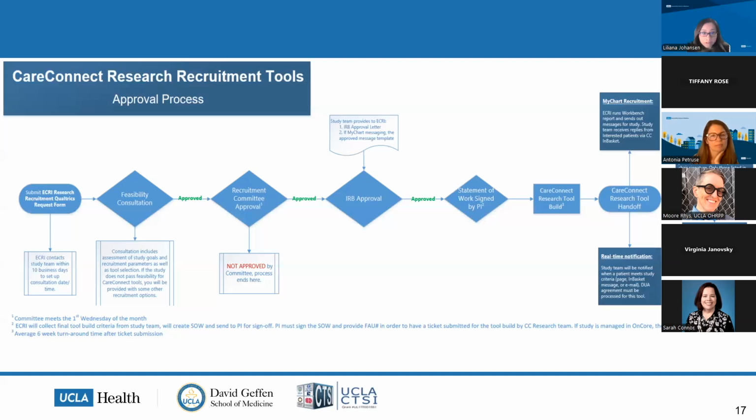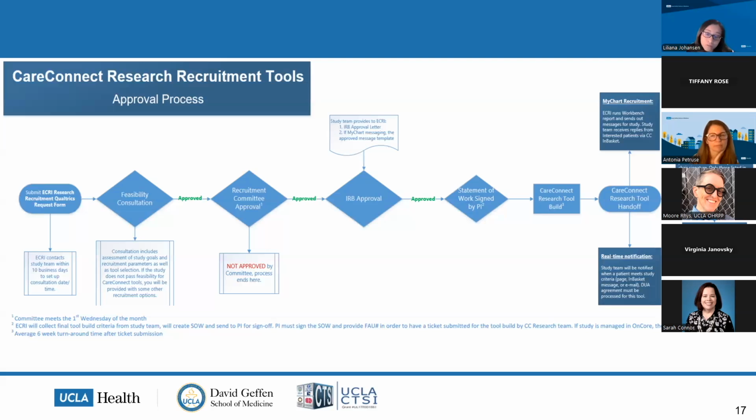And then once you get IRB approval, we just ask that you provide that letter for us and your final recruitment message. And then what we do is we put together a statement of work with all the associated costs and then send it over to your PI for signature.